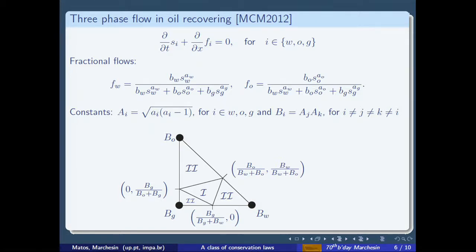Some years ago, with Pablo Castañeda, we classified the umbilic point in the triangle of the saturations for fluxes where each flow depends only on its own saturation, but this power could be something greater than 1, even rational powers here.